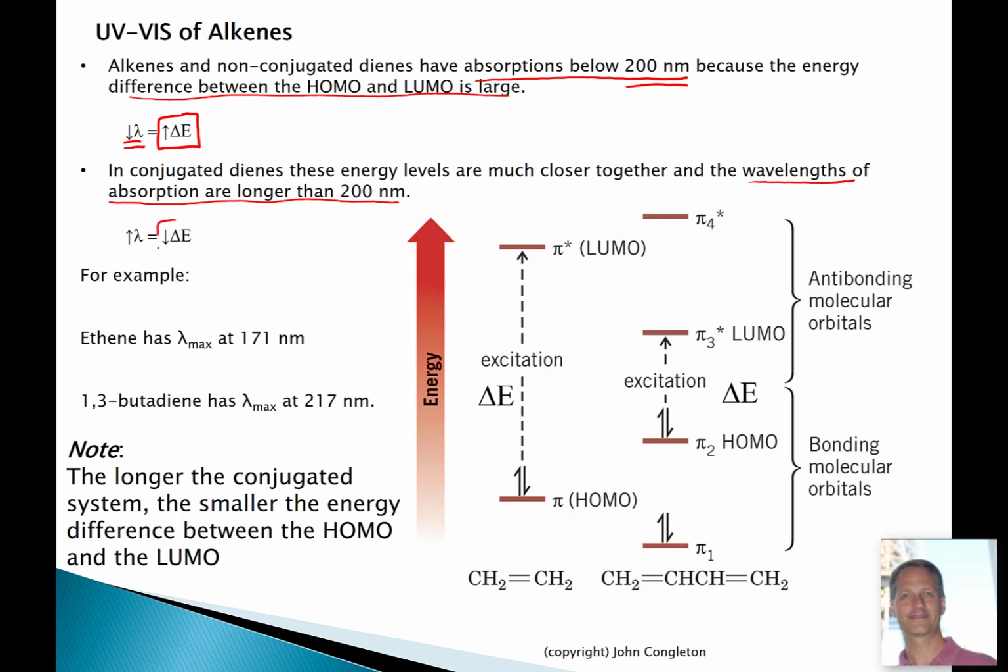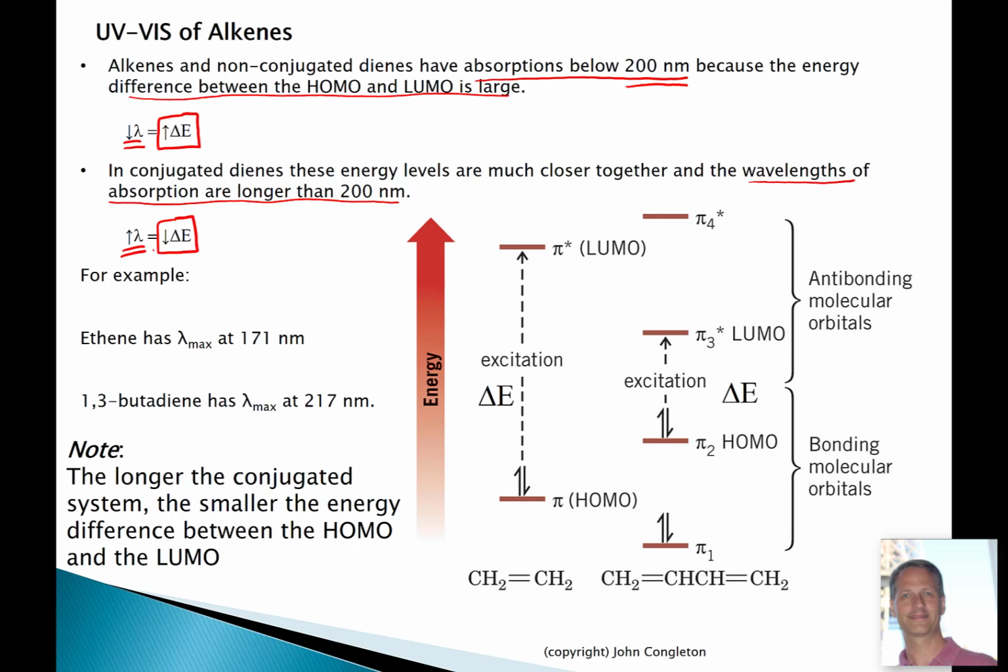So here, a smaller delta E between your HOMO and your LUMO gives you a higher wavelength. Now, UV-VIS spectroscopy is usually introduced in organic chemistry in the chapter that discusses conjugated dienes. So you're looking at 1,2 and 1,4 addition and things like Diels-Alder reactions.